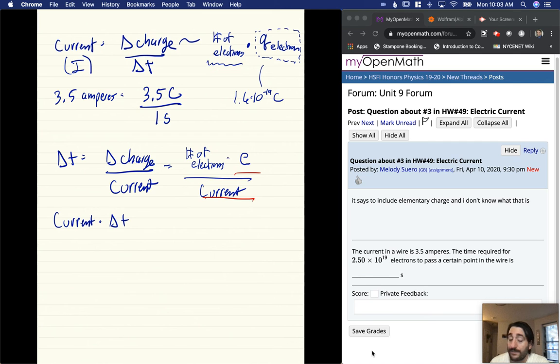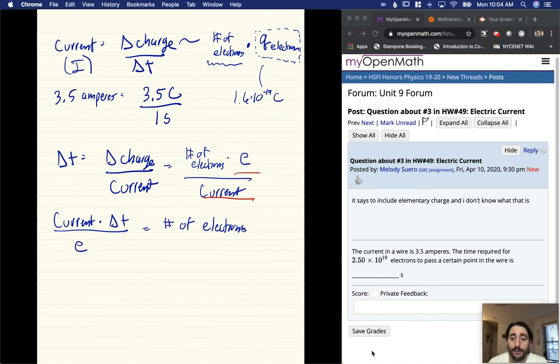Remember, that would give us the total charge divided by the elementary charge, which, if we think back to our definition here, we're saying that the total charge is equal to the number of electrons multiplied by the charge on one electron. So again, this is going to give us number of electrons.